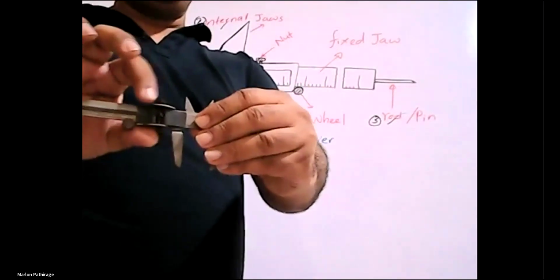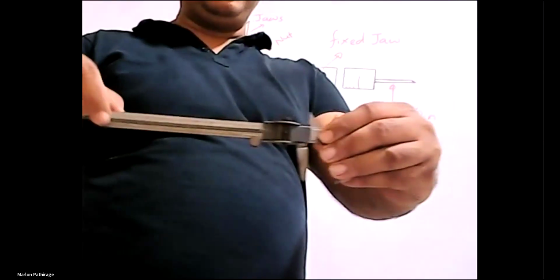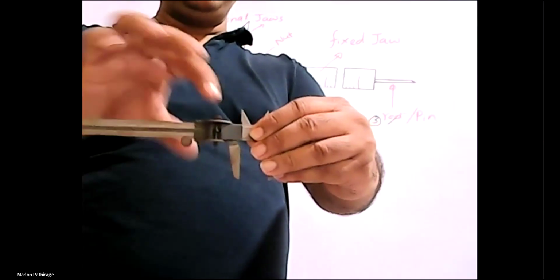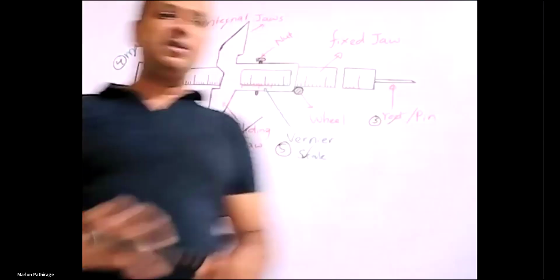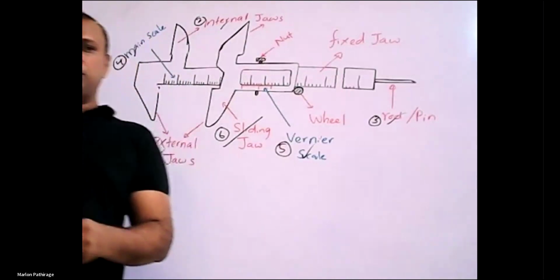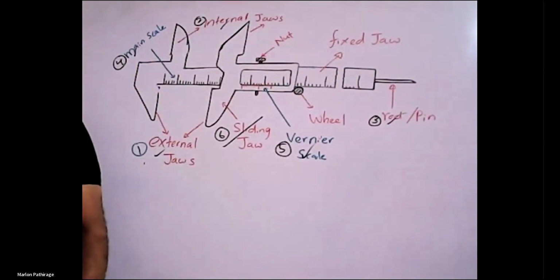So this is a sliding jaw. Look, this rod is connected directly to the sliding jaw. Therefore, that is also a function of the sliding jaw.